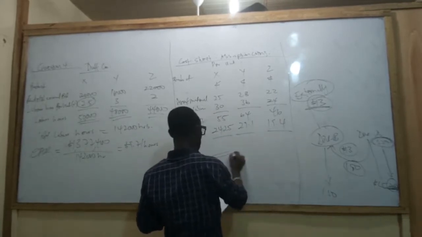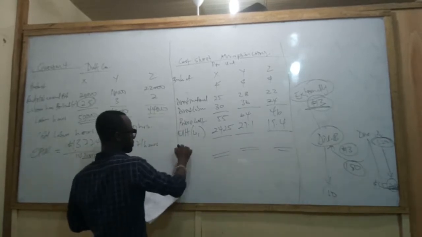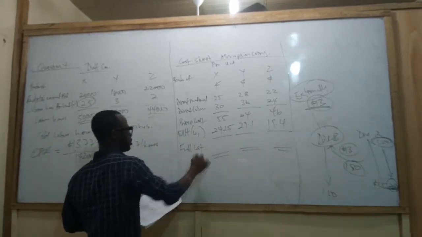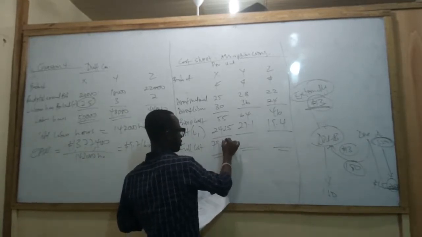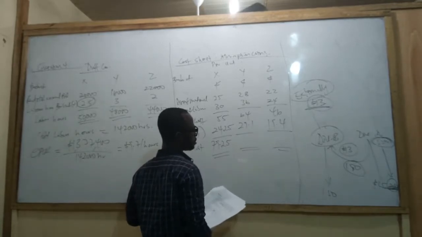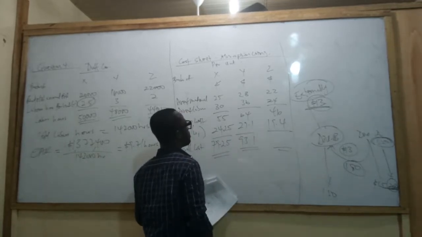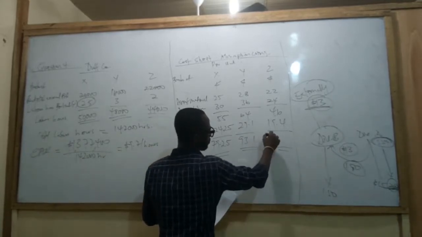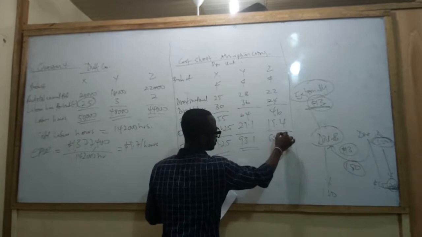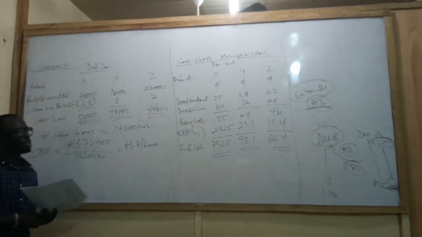So let's get a total cost now. 65.4. So these are the things.